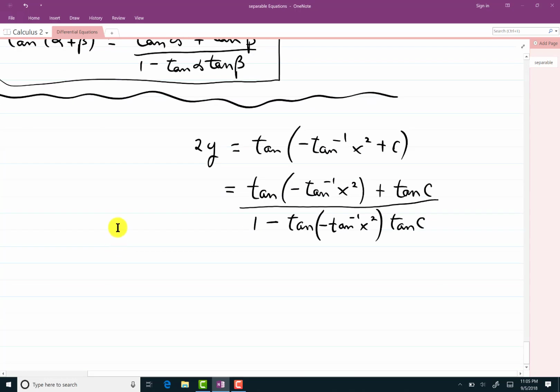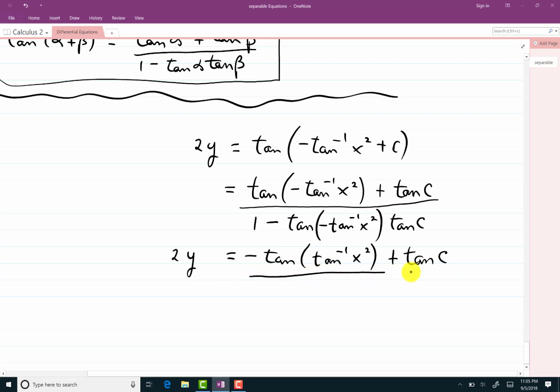And I can do a lot of simplifying, like tangent and the negative arctangent. You may or may not remember that tangent is an odd function. What that means is that I can pull the negative from inside the parentheses out front. Let me do that. I'll do the same in the denominator.